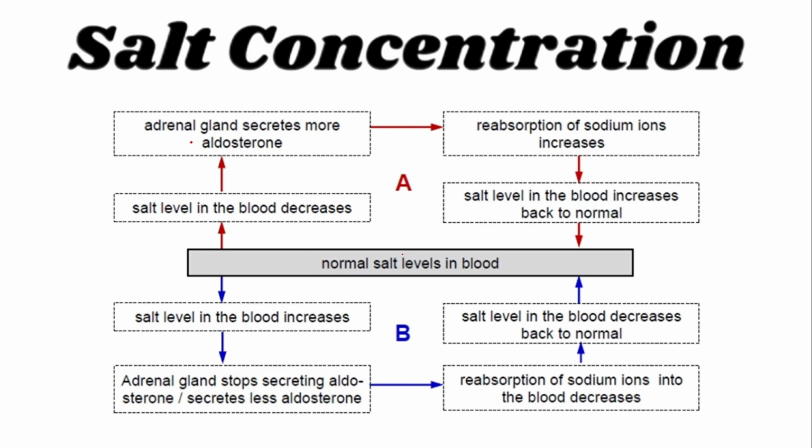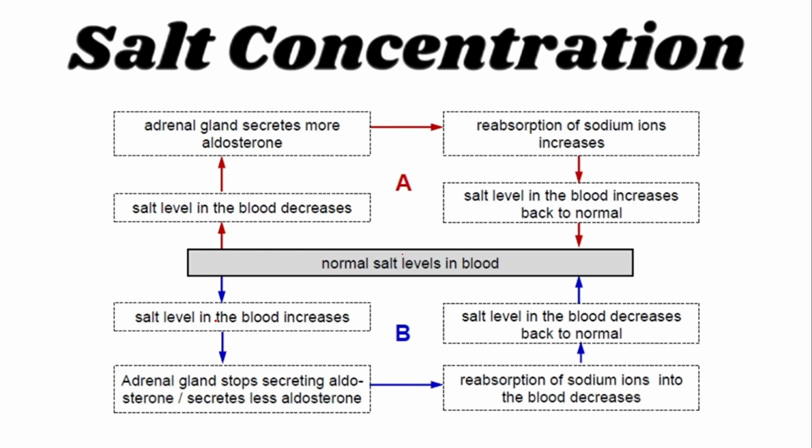One thing that's very important with the hormone aldosterone is that we know that aldosterone comes from the adrenal gland, okay? So now if the salt in our blood is normal, then that is homeostasis taking place, right? But let's check what would happen if there's an imbalance of salt levels in our blood, okay?